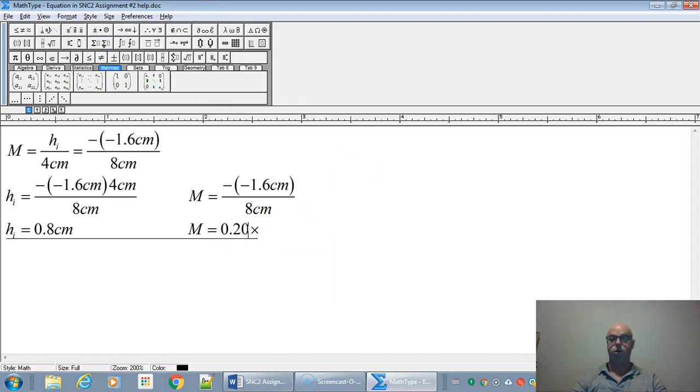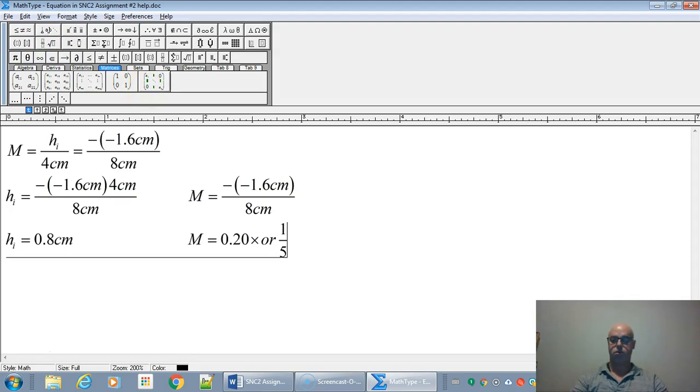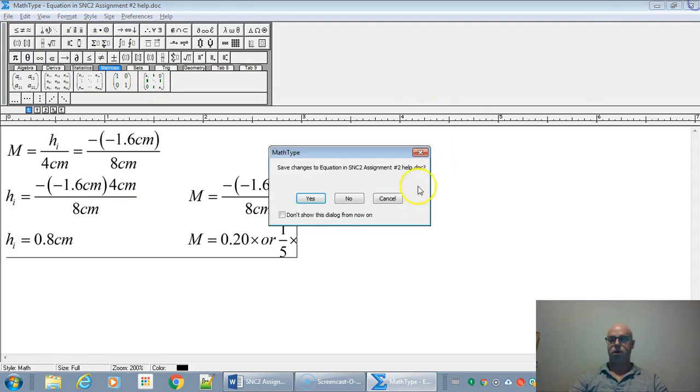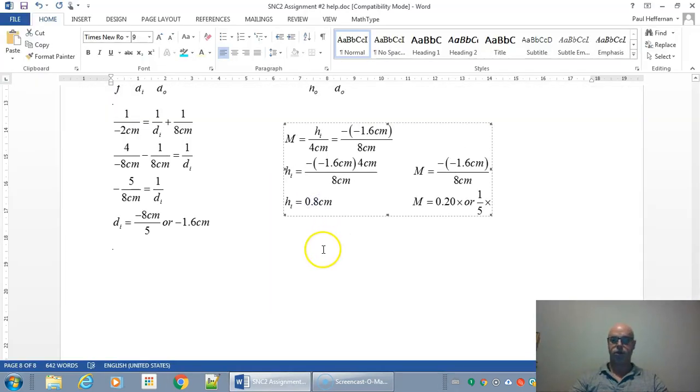If you want to put 0.20, it might be easier to see. Or you could say that's 1/5 of what it used to be. So it's going to be 5 times smaller than it used to be.